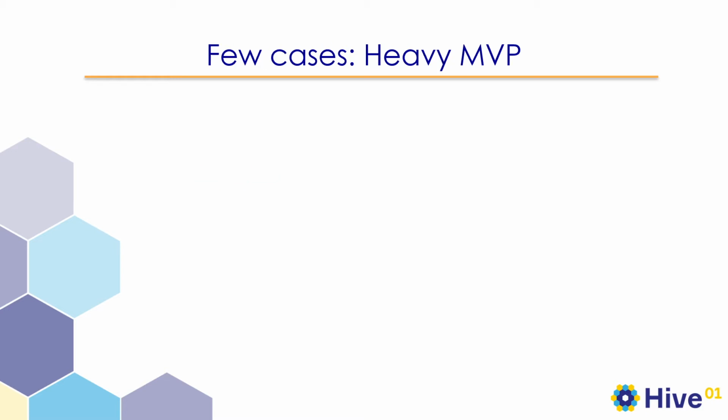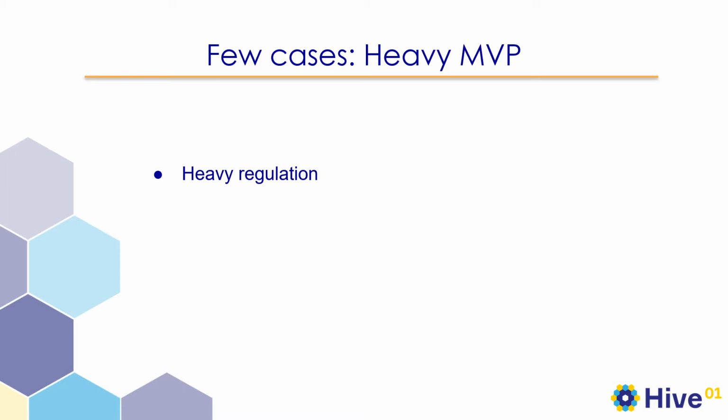Now, in a few cases, I've already told this to Dan, you have a very heavy MVP. A heavy MVP is when you, for example, have heavy regulation. Keep in mind, this is an incredibly rare thing. A heavy MVP, think of Tesla, think of Hyperloop, think of basically everything Elon Musk does.